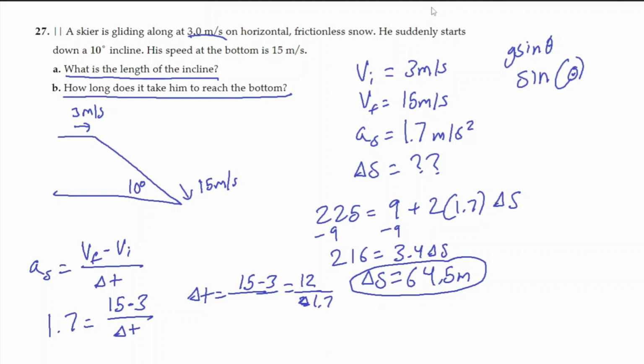So 12 over 1.7 gives us delta t of 7 seconds. It'd be 7.06 seconds, but we would round it to 7 seconds. So that would be how long it would take him to reach the bottom.